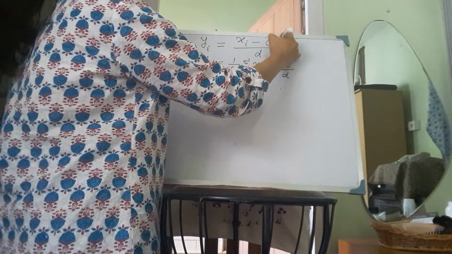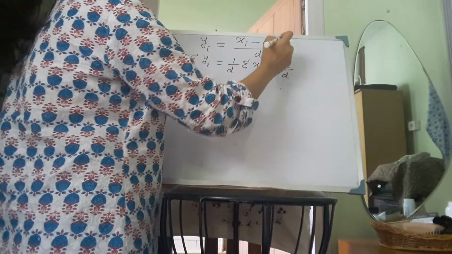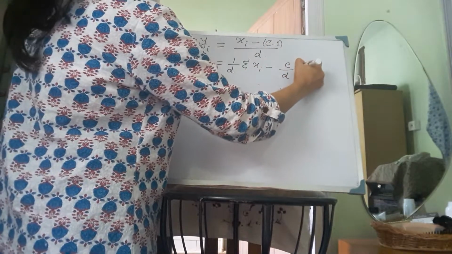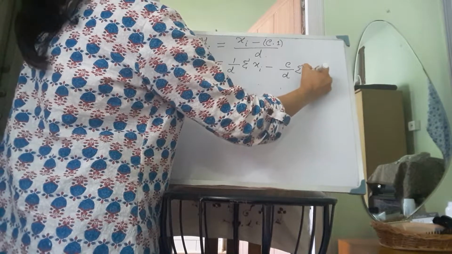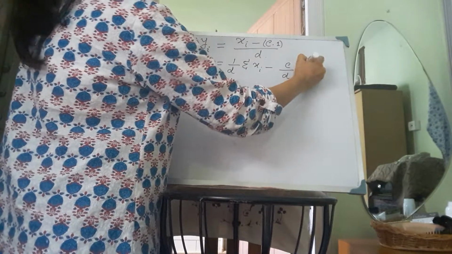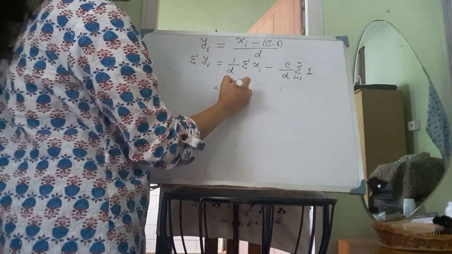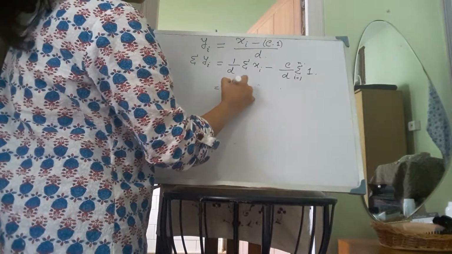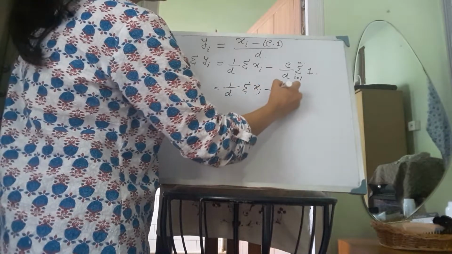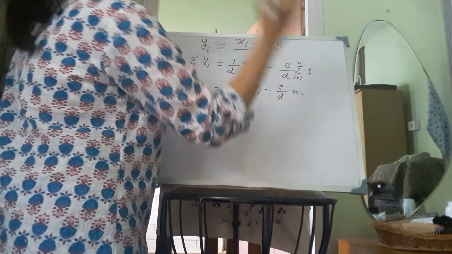Now there is a 1 here, so c into 1 we can write here. If we take c by d common, then we will have summation of 1, where summation is from 1 to n. So here we can write 1 by d summation of xi minus c by d into n.